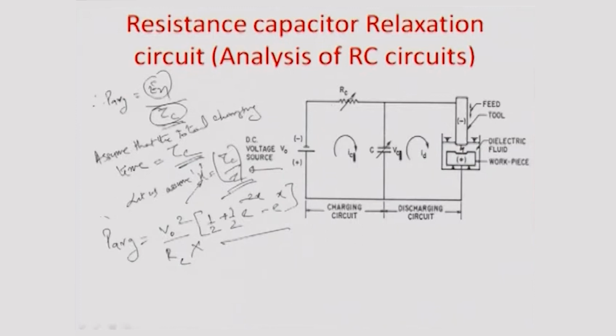So, we can actually optimize this power, because that is the whole goal behind the charging discharging. So, optimizing of average power is carried out by differentiating this with respect to the parameter x. So, we will really have to see at what x value, or corresponding to what ratio between the total charging time and the time constant tau, would the optimum power be delivered.